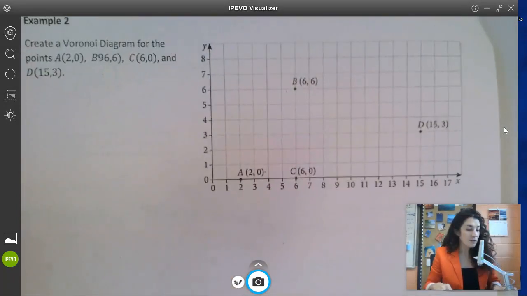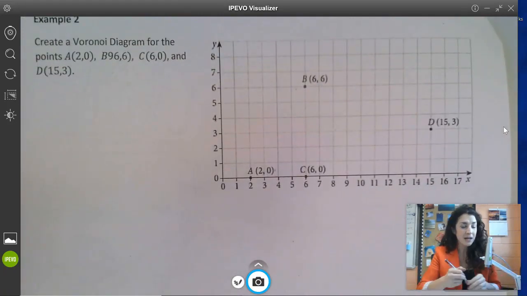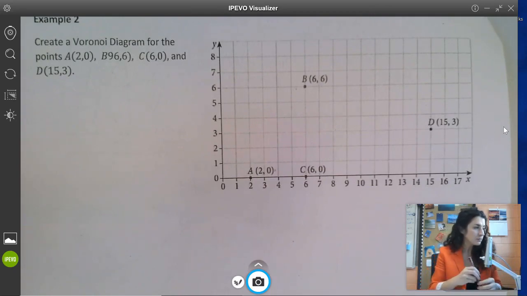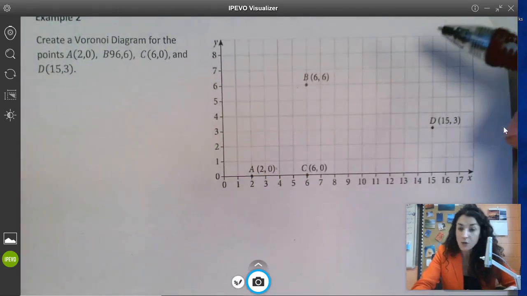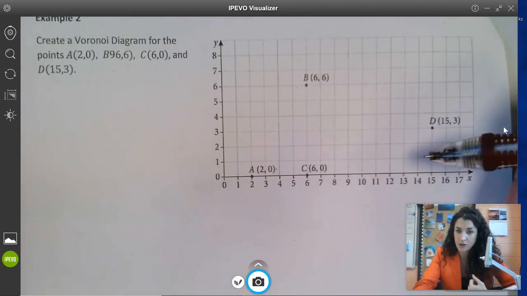Okay. So we also can create Voronoi diagrams, and typically your Voronoi diagrams for this level of this class will be like 4-ish points, maybe 5, but probably not. Creating Voronoi diagrams means we need to create a bunch of perpendicular bisectors.